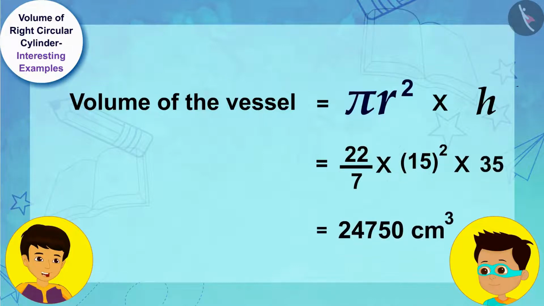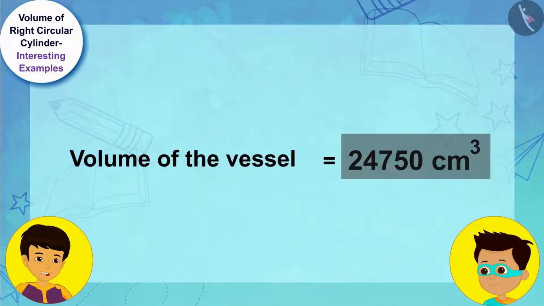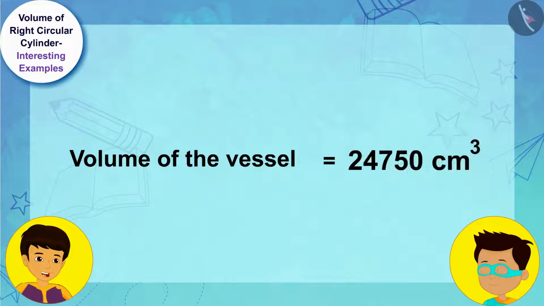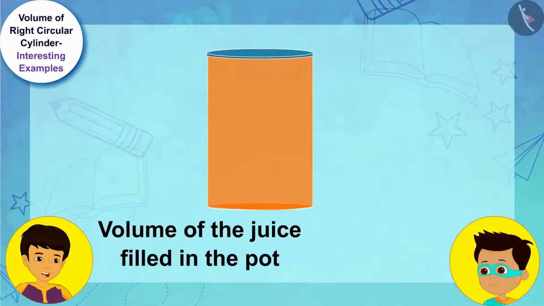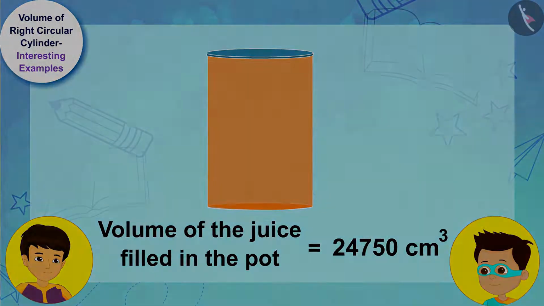Look, Thomas, the volume of the vessel is 24,750 cubic centimeters. This means that the volume of the juice filled in the pot is also 24,750 cubic centimeters.